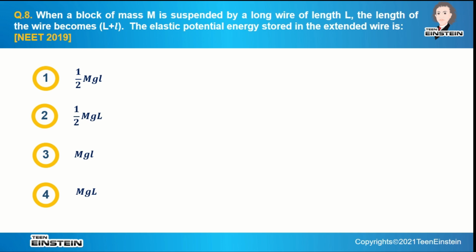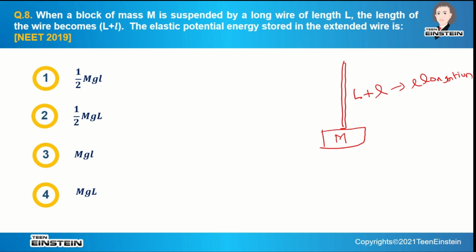Initially the length of the wire is L, but when you add a mass, the length gets elongated and it becomes L plus l. So this is the elongation.